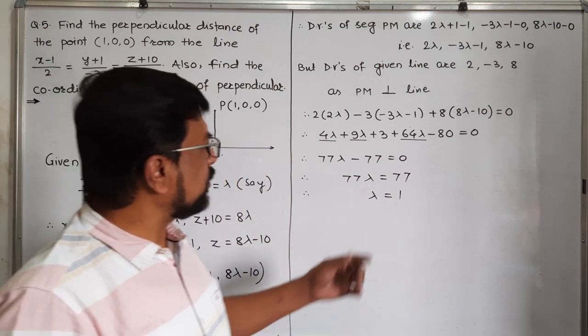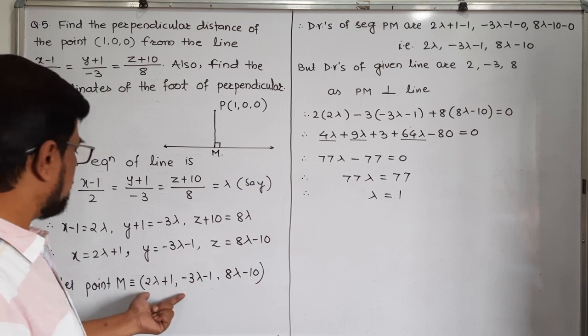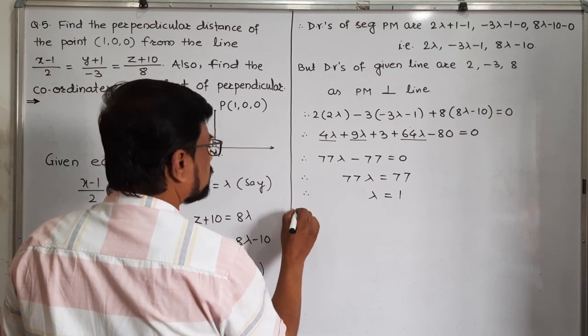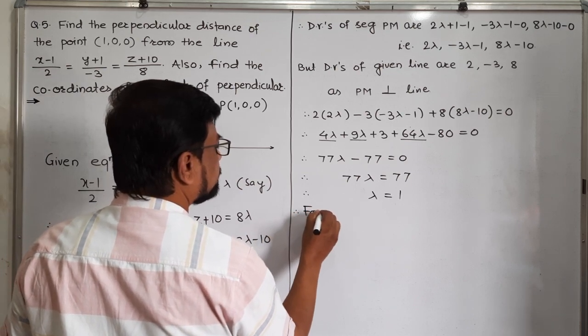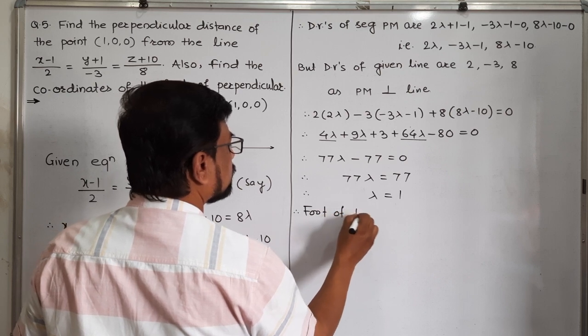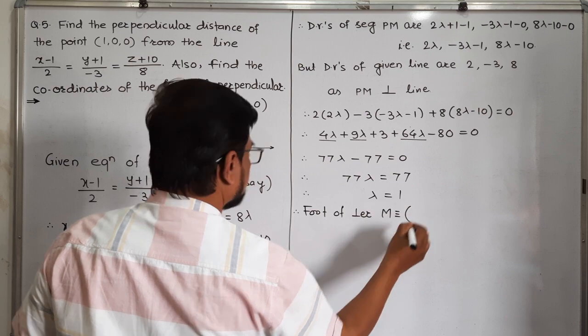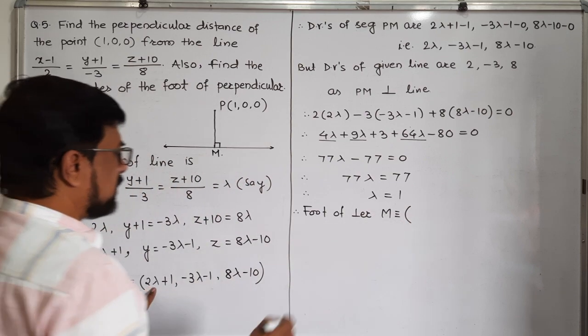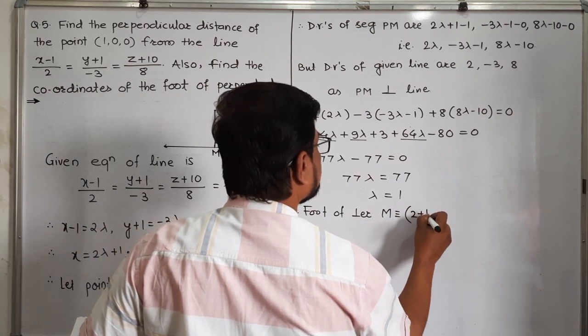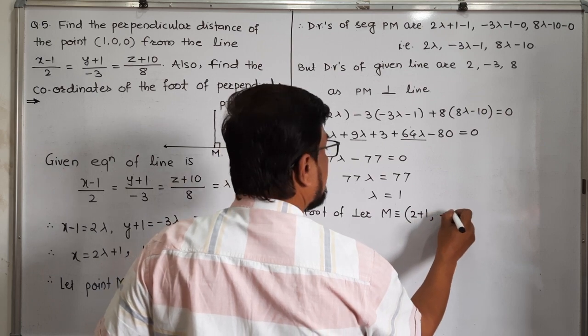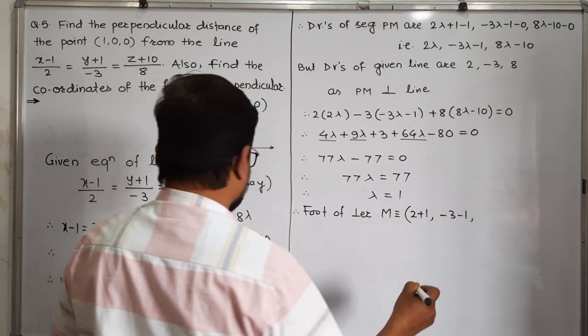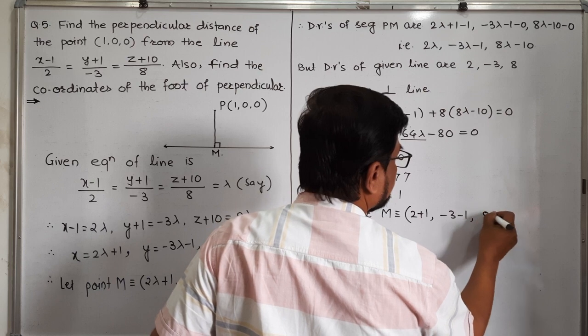Now put this value of lambda equal to 1 in the coordinates. Therefore the foot of perpendicular M has coordinates (2 plus 1, minus 3 minus 1, 8 minus 10).